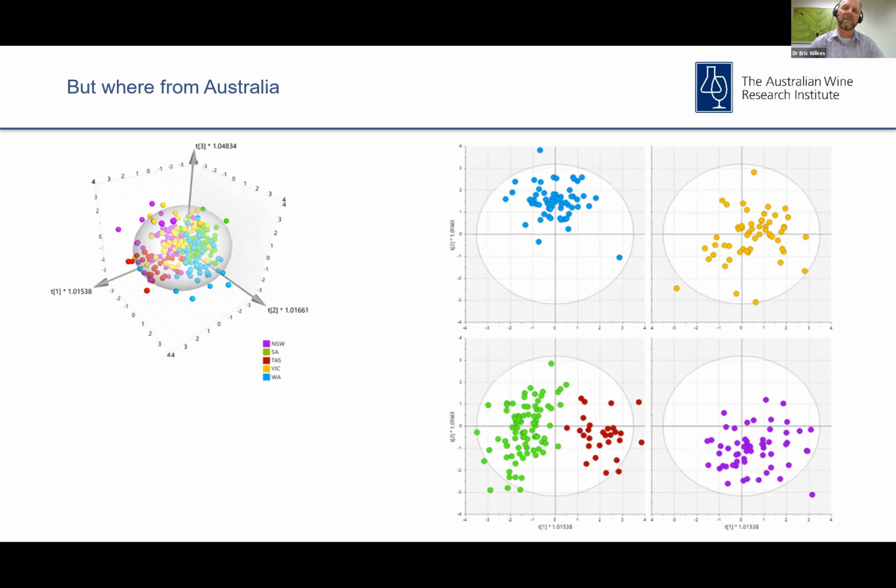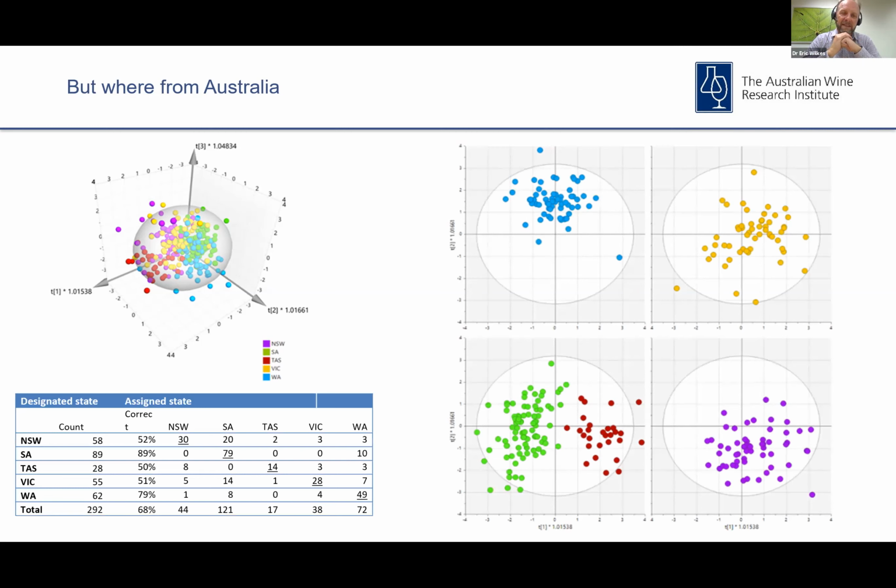And that's probably not surprising when you consider that some regions will overlap into different states. And we're talking about a very broad brush here. But our success rate was about 70% overall for those regional identifications.